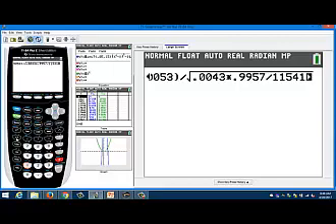So I'll just put a plus sign now. And I'll type the second fraction, which looks very similar. 0.0043 times 0.9957, and then divided by 9853. Wow. We did it.